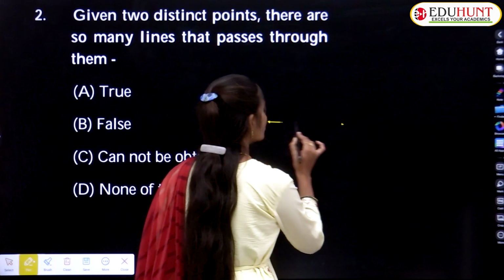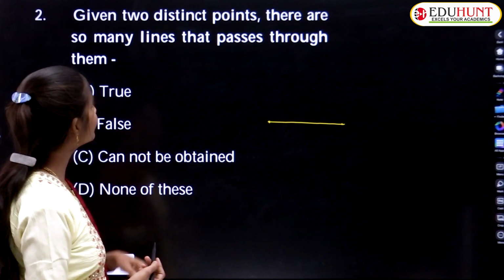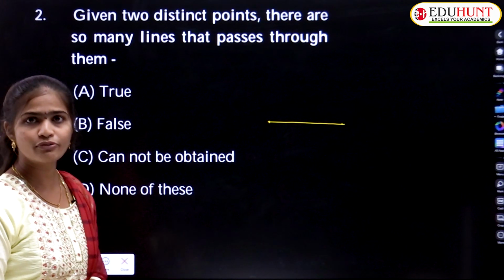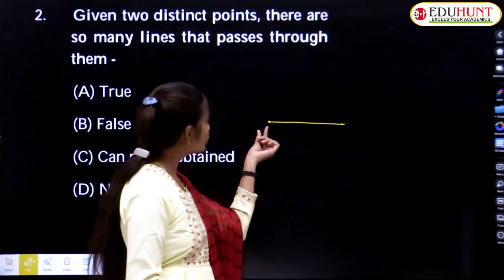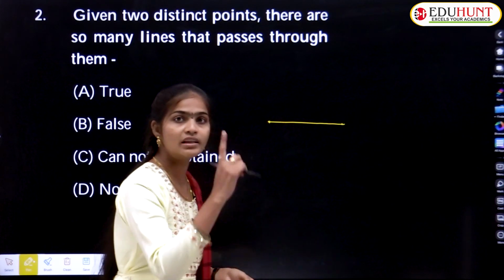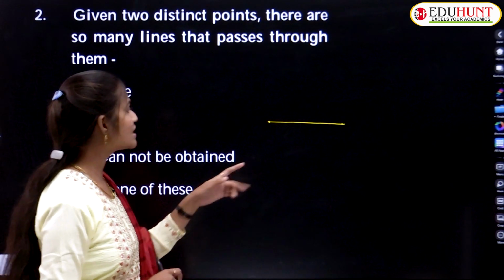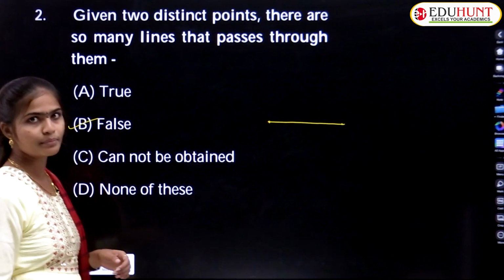By joining those 2 points, they are saying there are so many lines passing through them. Is it true or false? Obviously that is false. Why? Because by joining 2 points, we can draw only one line segment. That's why this is a false statement.